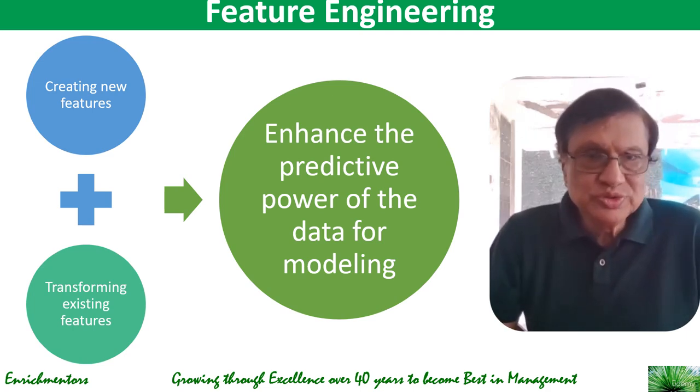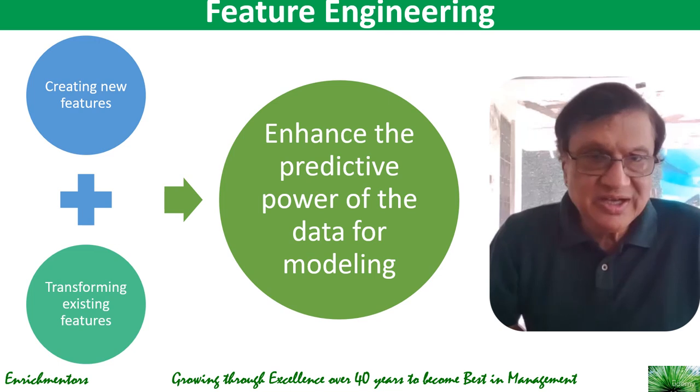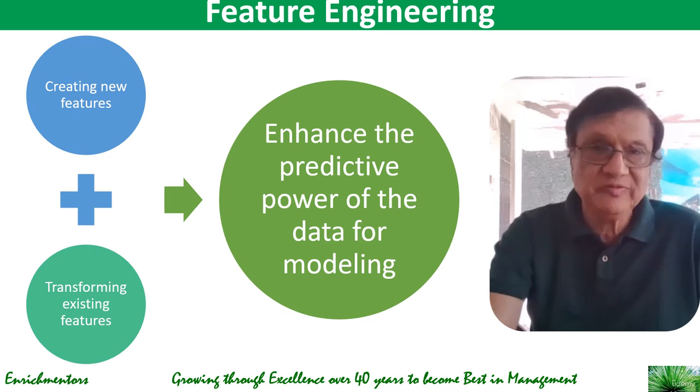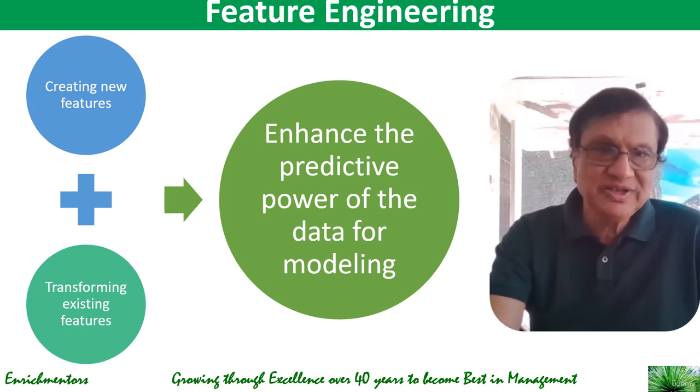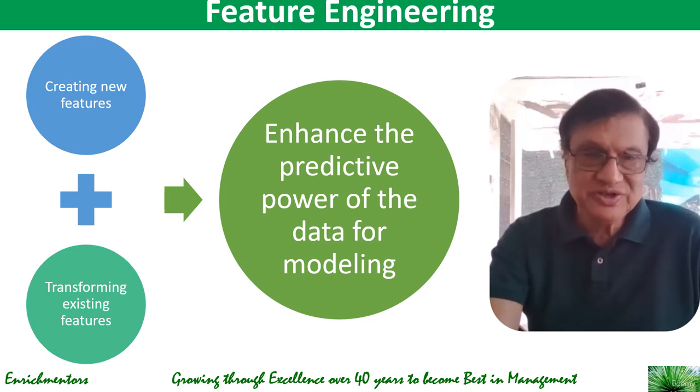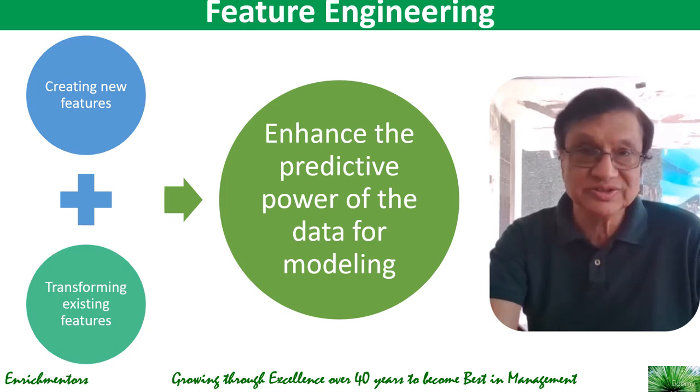So by creating these new features and transforming existing features, we can enhance the predictive power of modeling of data. That is what feature engineering is. Let's look at feature extraction later in another lecture. But in this one, let's talk about encoding, scaling, and normalization.